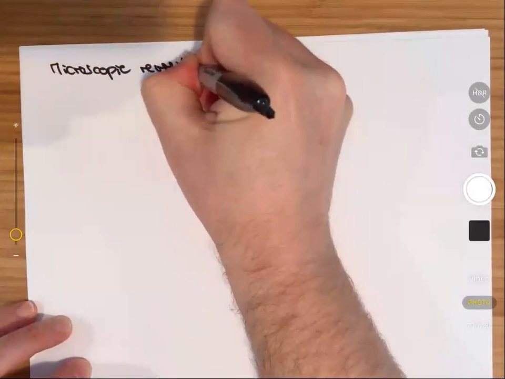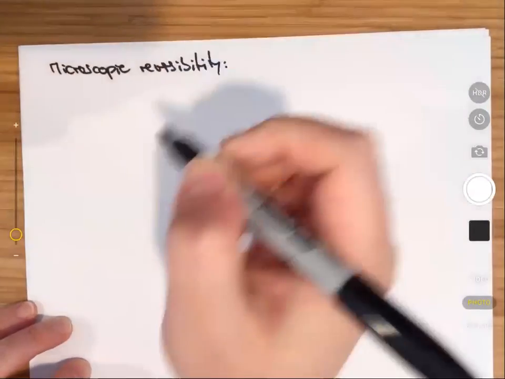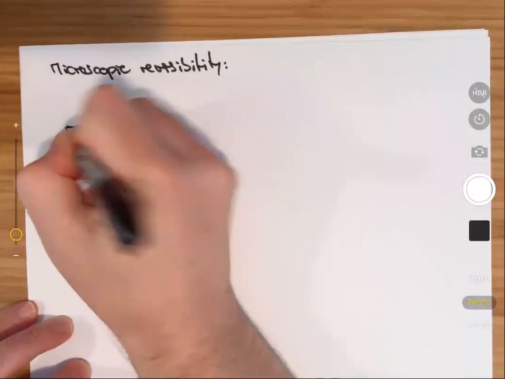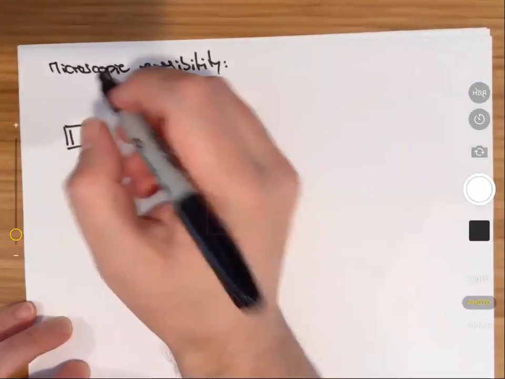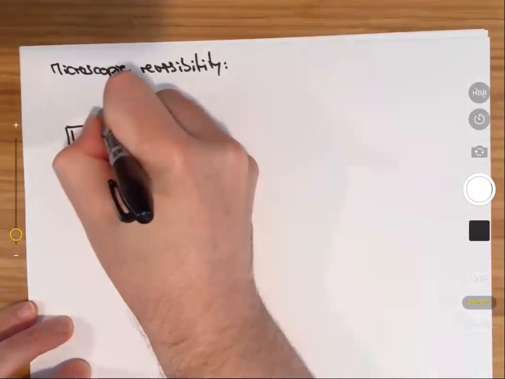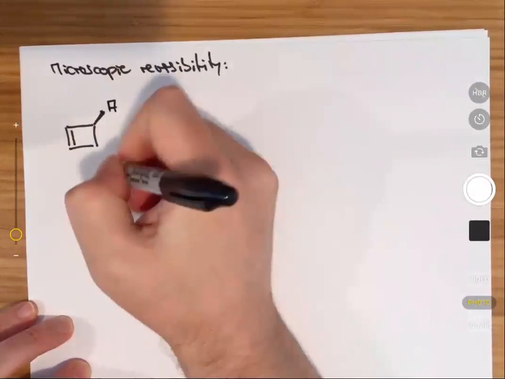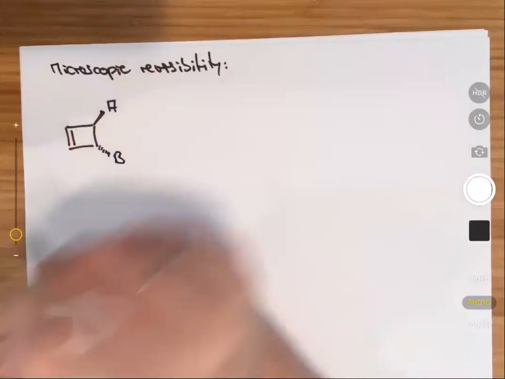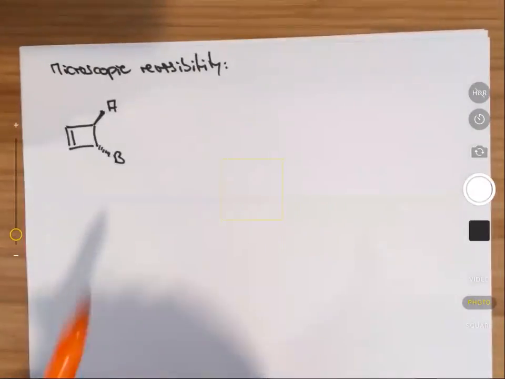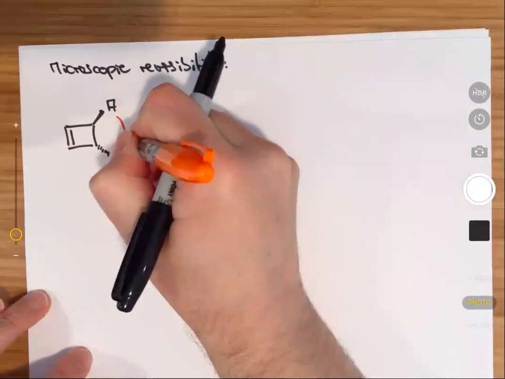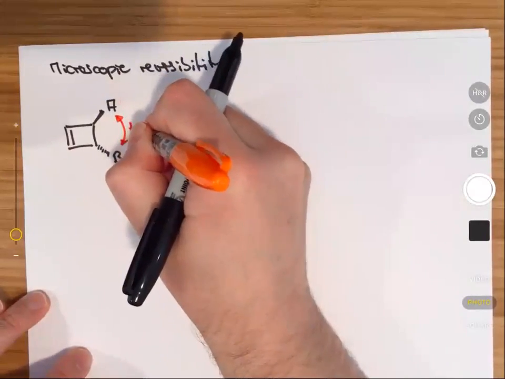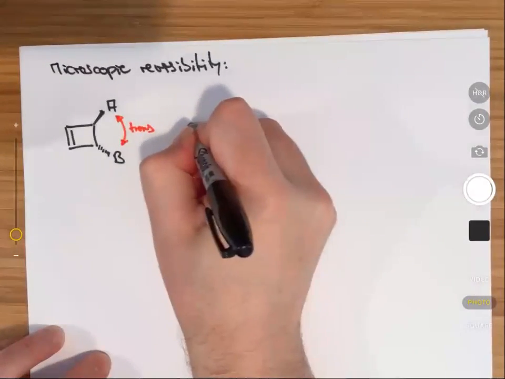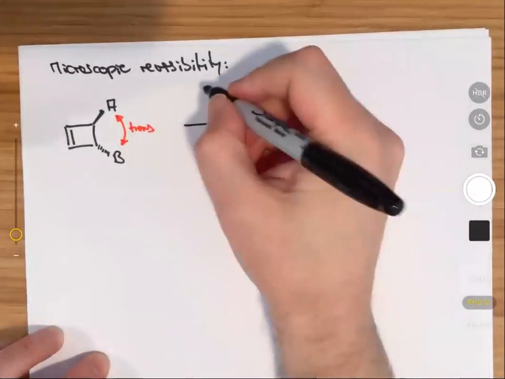So if we, for example, started out this time with cyclobutene, and let's say we have a substituent, I'm just going to pick a random label A here, and we have something down here that is B. So these are trans to each other. What happens if we performed this reaction in reverse and we just heated this up?